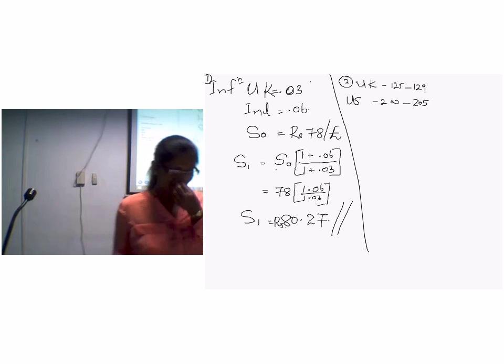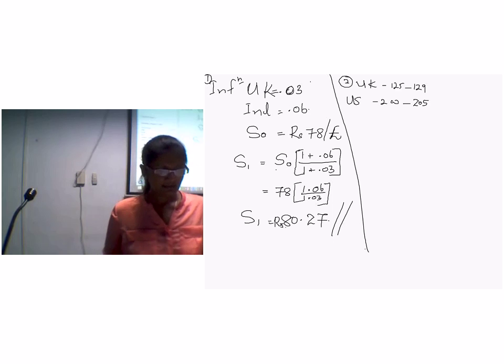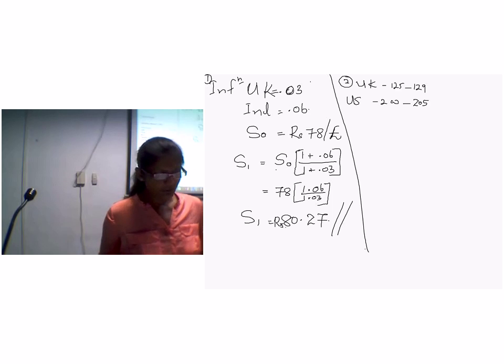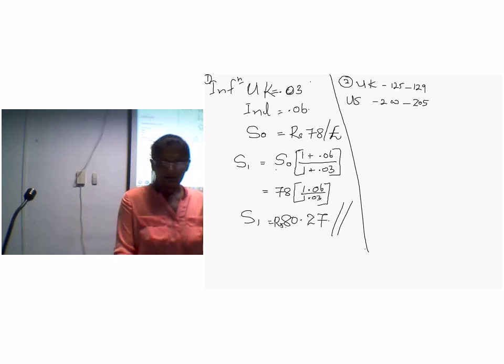Now we have to calculate the exchange rate after 1 year. We again have to calculate S1, so we know the equation. Before going for the equation, we have to find out the inflation rate of the two countries.